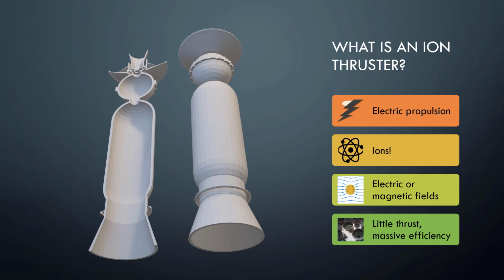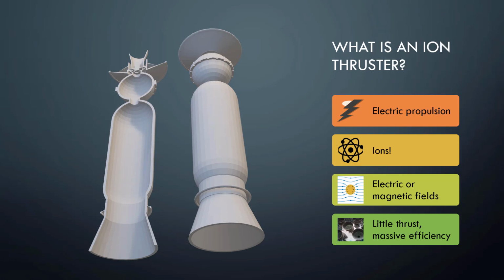Because there is an imbalance between the proton and electron count, ions are also electrically charged. If they have excess electrons, they are negatively charged, and if they have fewer electrons than the proton number, they are positively charged.